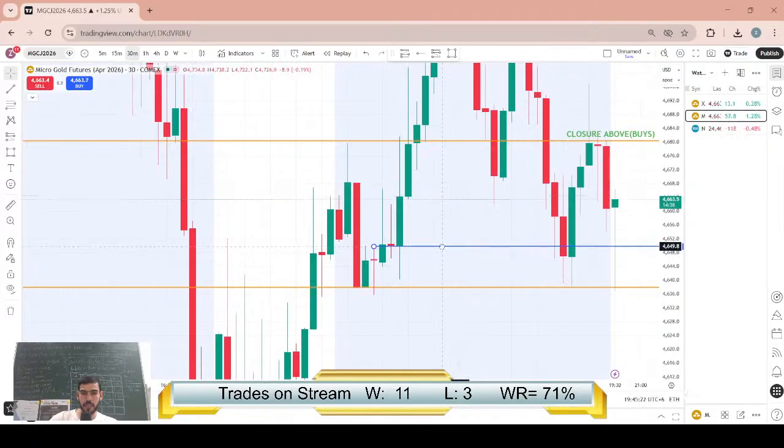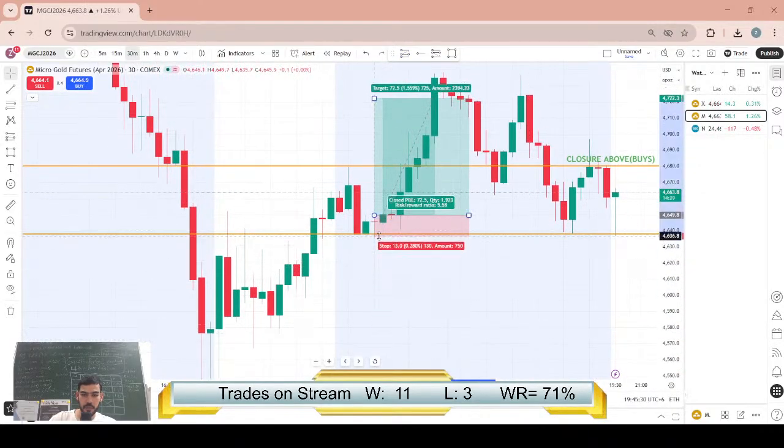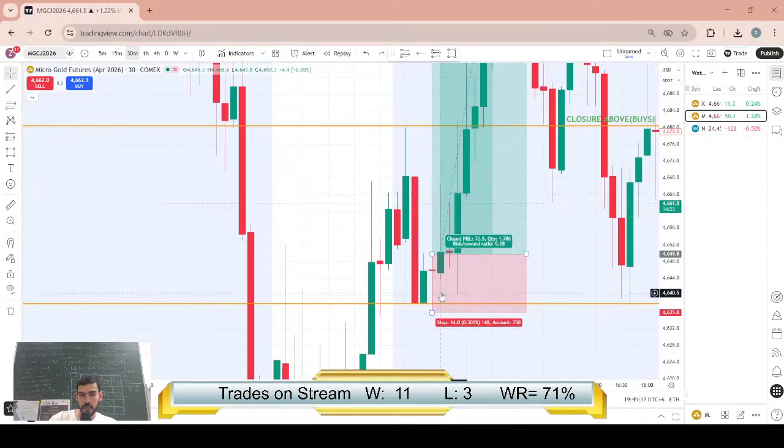Yeah, I'm really happy that it worked out. What an amazing trade, man. Wow, look how much it moved from there. Stop loss 140 pips. Yeah, so your stop was below the current candle or the previous candle, but I think both stops are good.